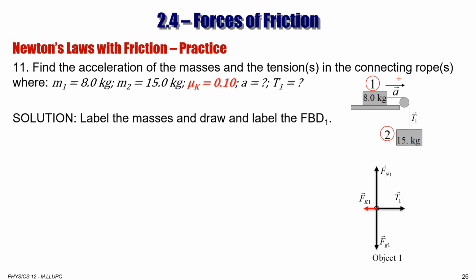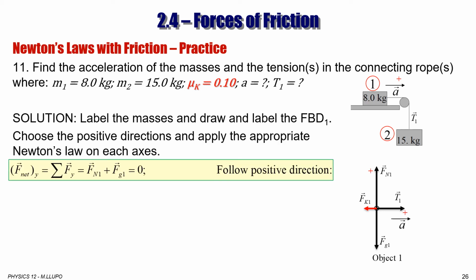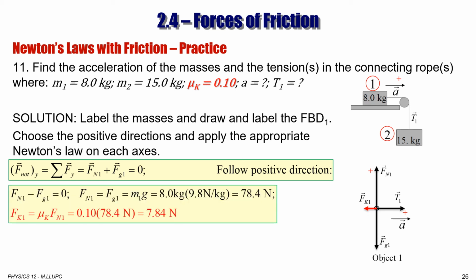It's not moving up or down, so that means it's Newton's first law on the y-axis. So the sum of all forces is equal to 0, or F net is equal to 0, the same thing. So we have two forces, Fn1 and Fg1. Fn1 minus Fg1 is equal to 0. So Fn1 is equal to Fg1, but Fg1 is equal to m1g.